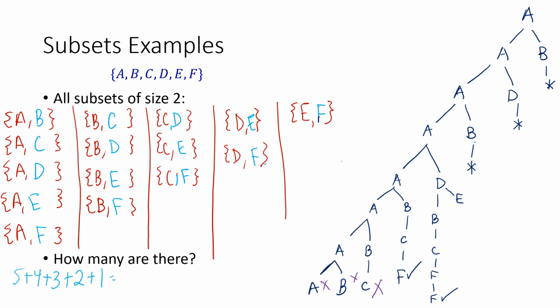And that gives me 15 different possibilities. So as you can see, even with 6 states, which is not really that many, even if I had only the subsets of up to size 2, I already have 15 different states.